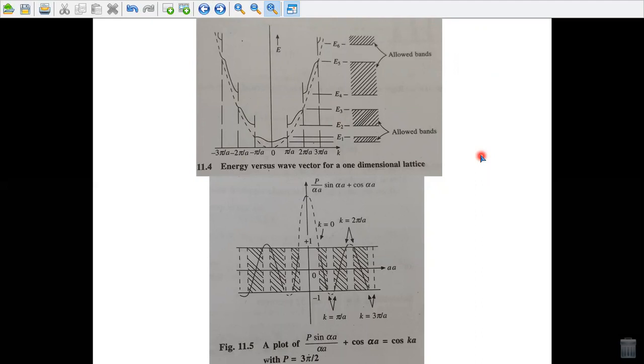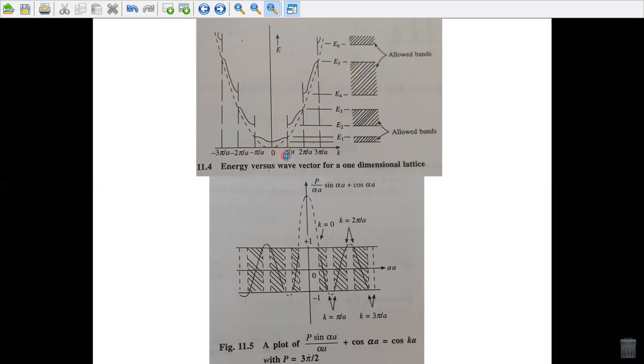On the other hand, those values of energy E for which modulus cos ka is greater than 1, only imaginary values of k are possible, which correspond to the forbidden band. The allowed and the forbidden energy bands are schematically shown in this figure.